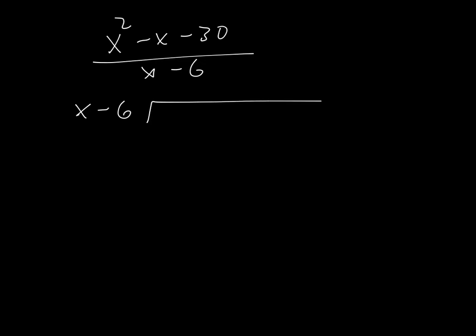So a lot of these problems, you'll see them written like this. Which is fine, but since we're going to do long division on this, it's your job to realize that you can just write that like this.